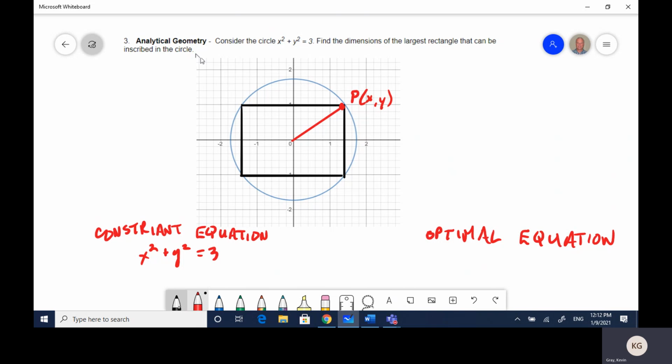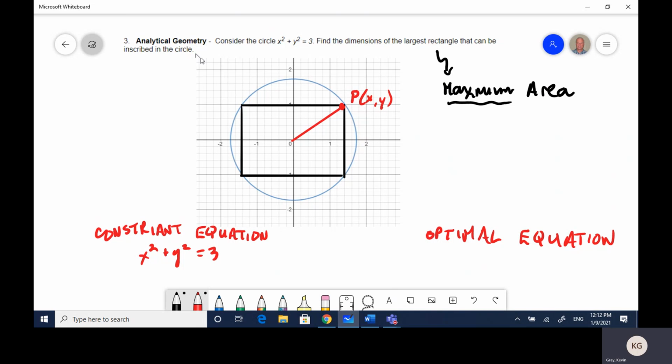Okay, now in this particular case, largest rectangle, I'm going to assume is maximum area, right? The biggest rectangle I can have is going to be the maximum area, and the key word is maximum. You'll also see questions where they're looking for a minimum.